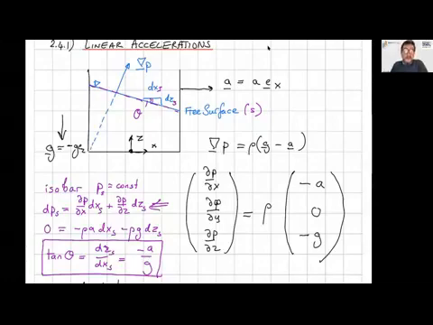And then it's clear that the gravitational component is negative. So in fact, the direction of increasing pressure is in this direction. And this is minus the gradient in pressure. So the pressure increases in this direction. And in fact, the largest pressure is in this bottom corner here.